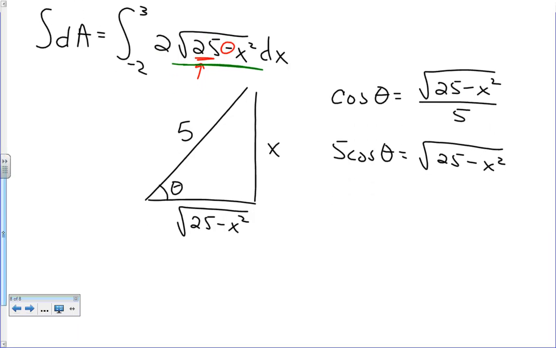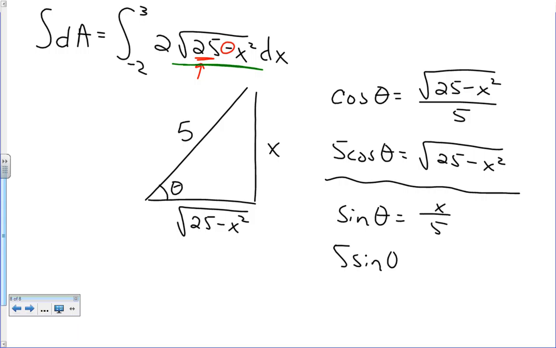Using the opposite side, x, and the hypotenuse, 5, the sine of theta is equal to x over 5. So 5 sine of theta is equal to x. Taking the differential of both sides, we have 5 times the derivative of sine, cosine of theta d theta, is equal to dx. Now I have a substitution for the dx part.